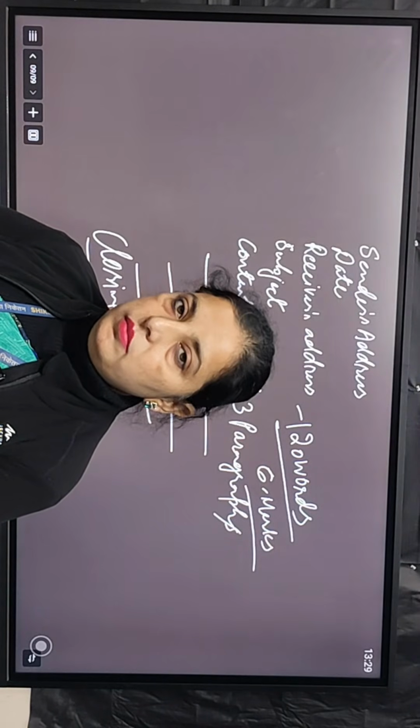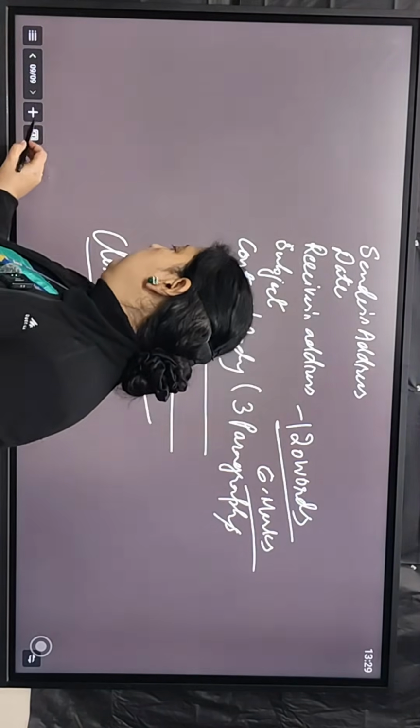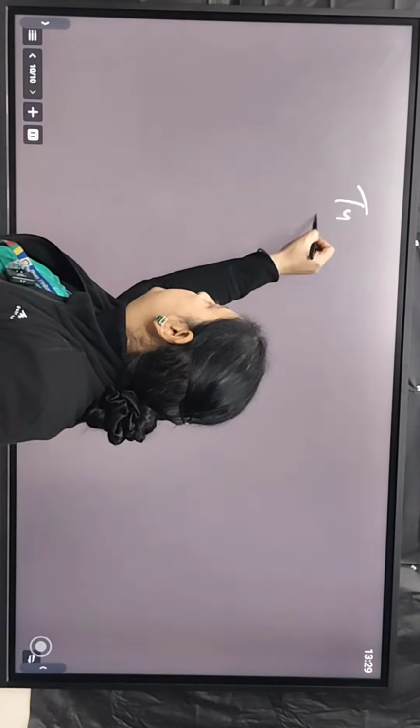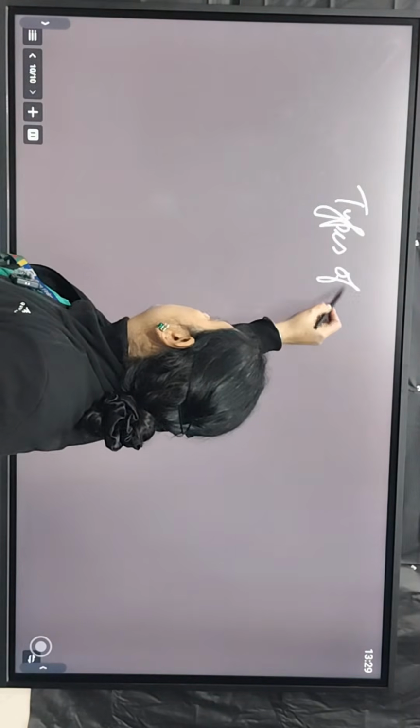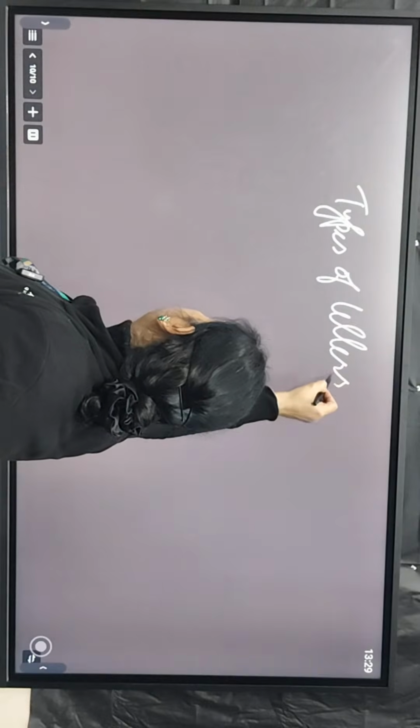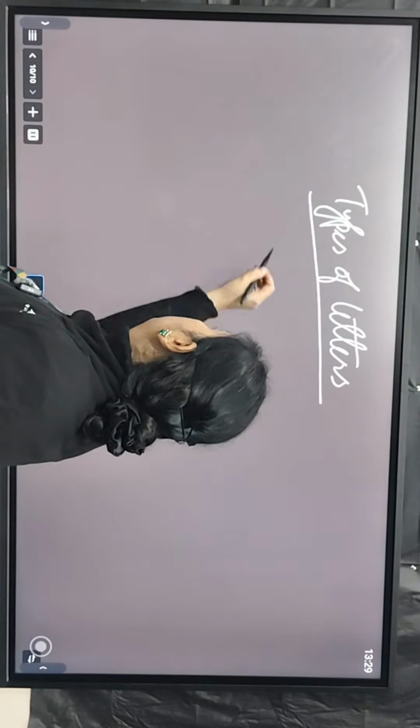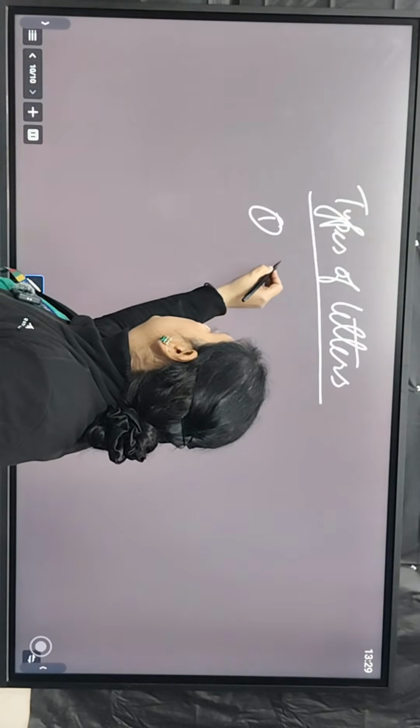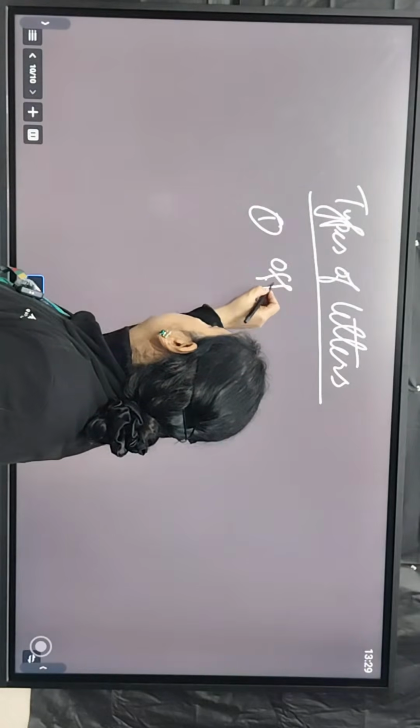देन लेटर्स के टाइप्स क्या क्या हो सकते हैं? What can be the types of letters? One is official letter.